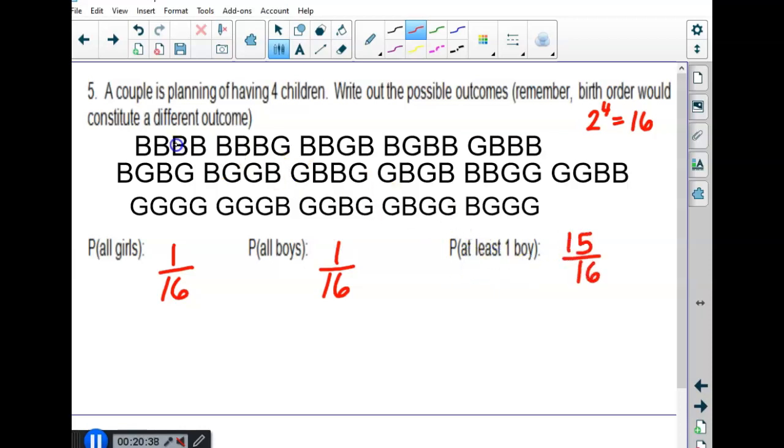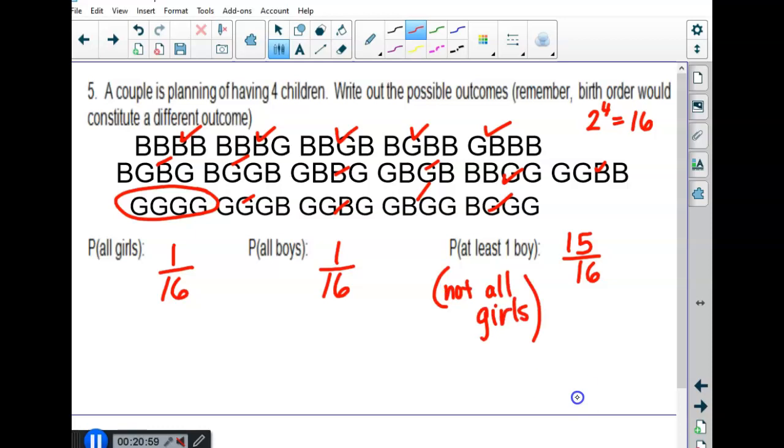At least one boy. We could circle them all. Everybody that has a boy, this. Okay, this is the only one that didn't have a boy. So at least one boy meant not all girls. So it was 15 out of 16, okay?